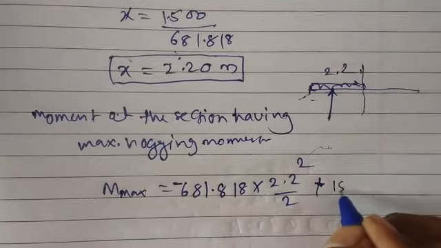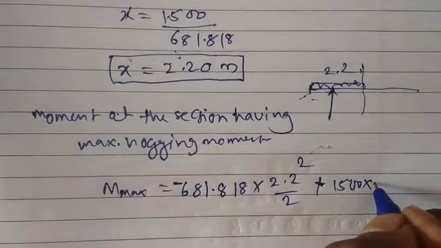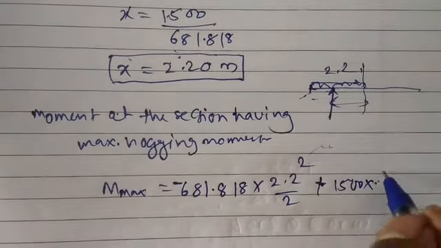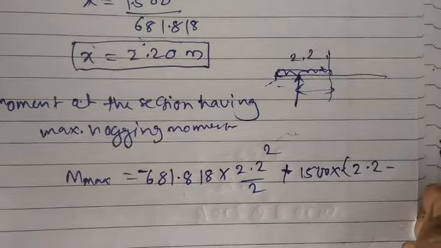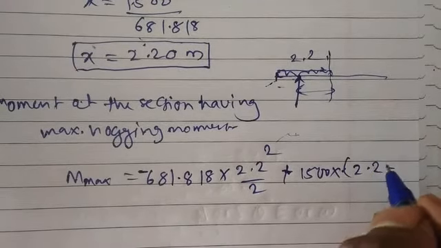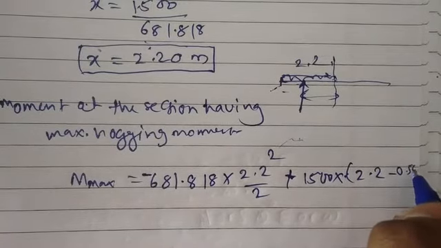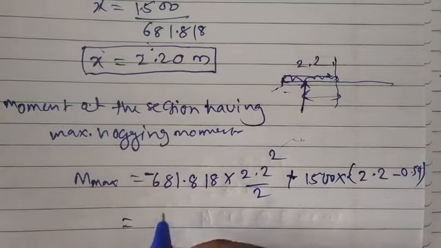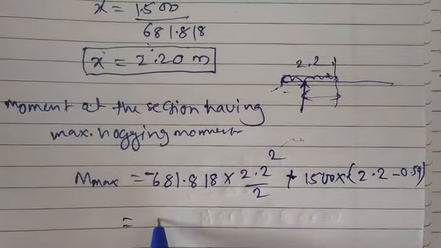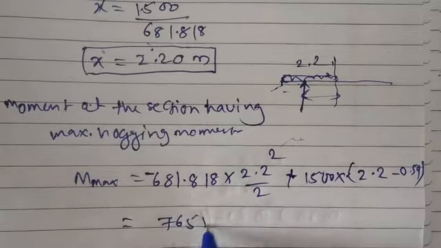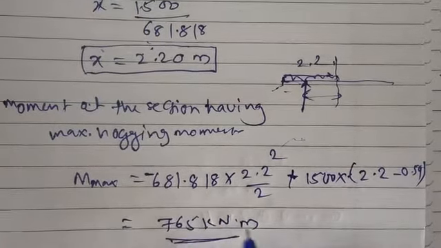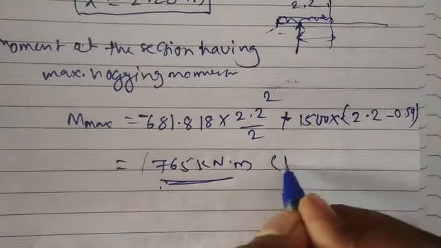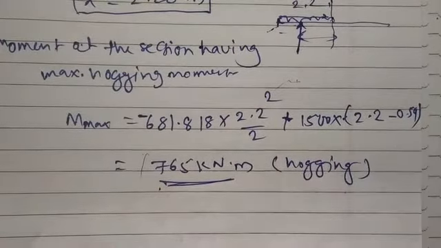So 1500 into, this distance is 2.2 minus 0.59. Okay, now if you calculate this, you will get value as 765 kilonewton meter. We know that this is hogging moment, so in the bracket we'll write hogging.